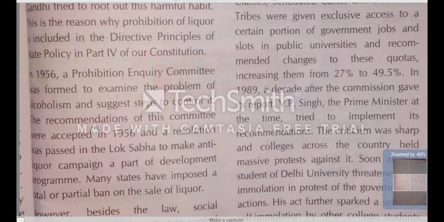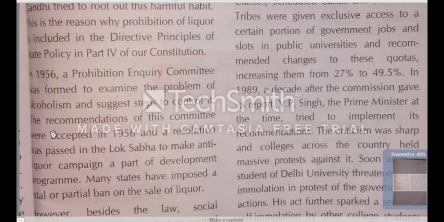The recommendations of this committee were accepted in 1956, and a resolution was passed in the Lok Sabha to make the anti-liquor campaign a part of the development program.